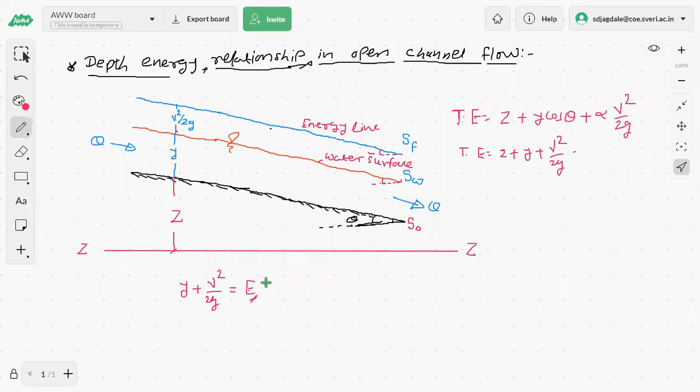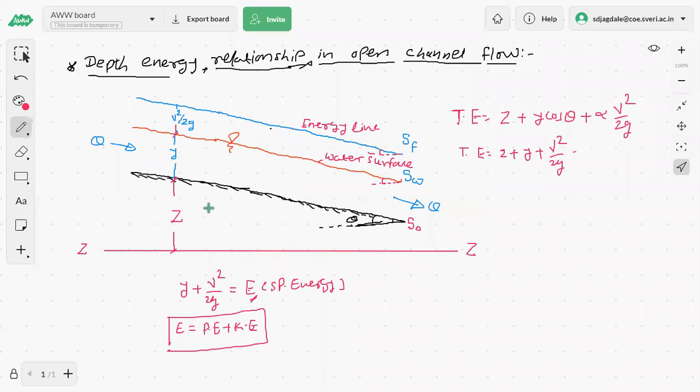This E is considered the specific energy, denoted by the capital letter E. In terms of kinetic energy and potential energy, the velocity head is the kinetic energy, and y, the depth of the flow, is the potential energy. So this is the summation of PE plus KE, but the potential energy we have considered indicates only the depth of the flow, that is y.